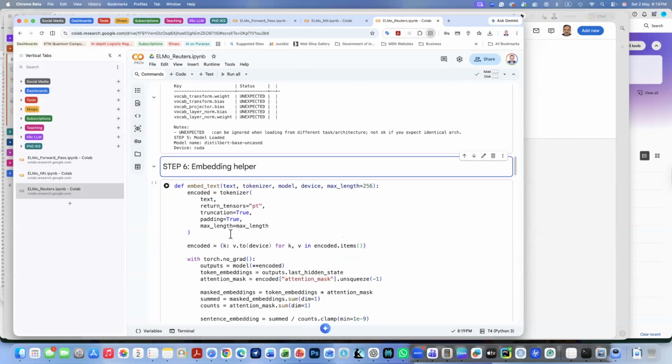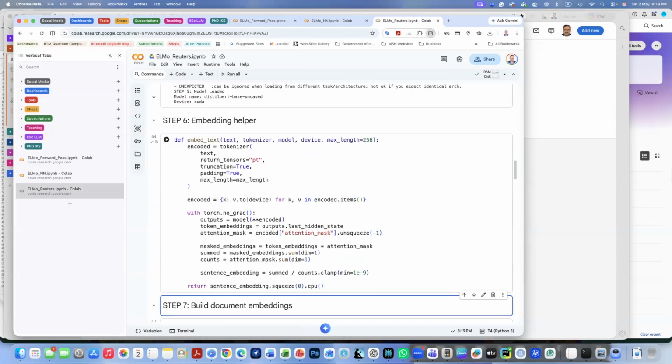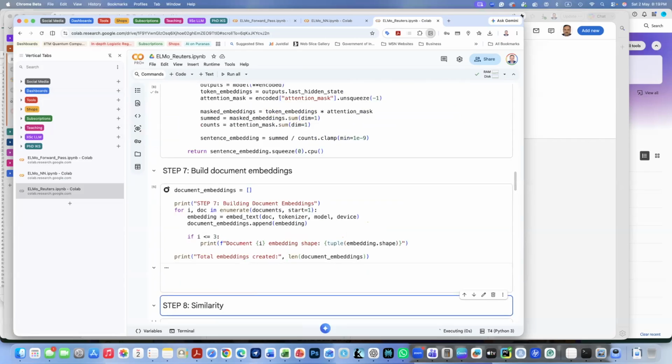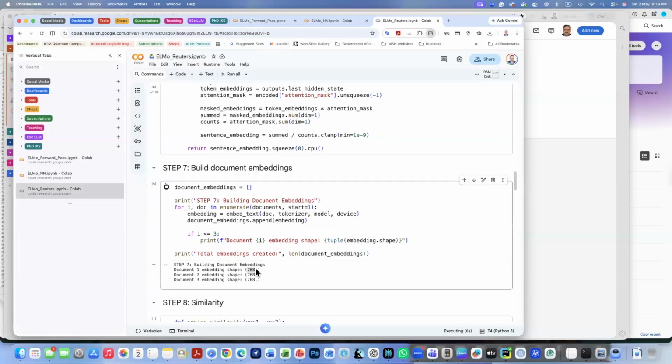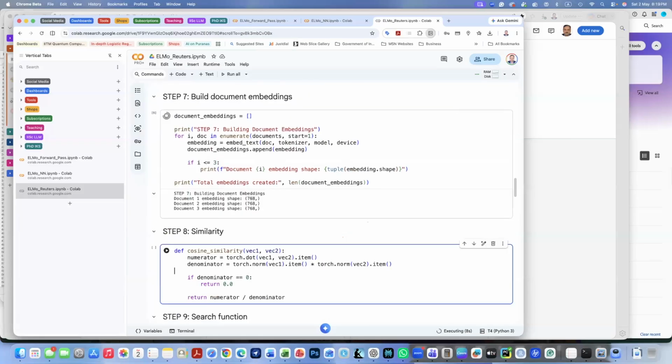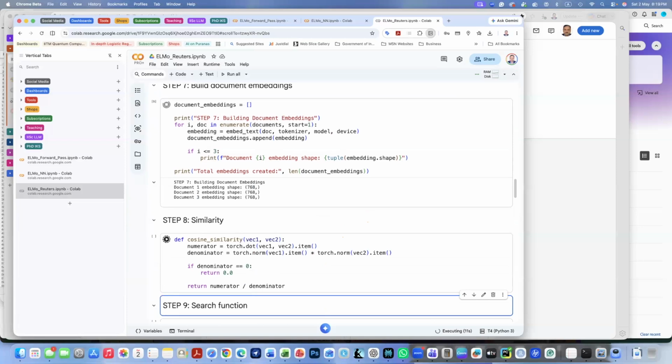Now I just write some utility functions. This is not important. So I got my embeddings. The embeddings are of size 768. I also define a function for cosine similarity. Not just for comparison, this will be the basis on which it will find the similarities.